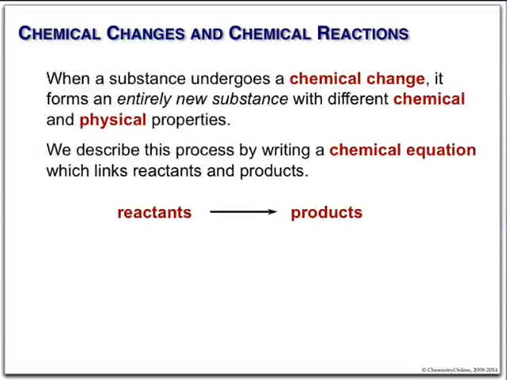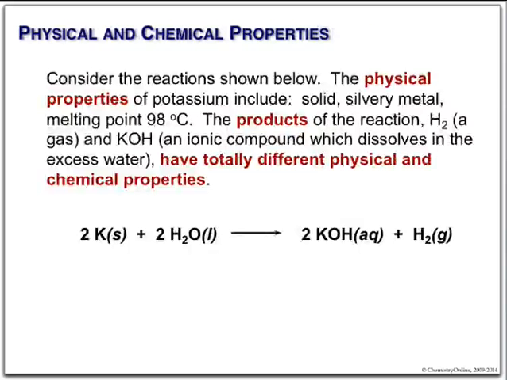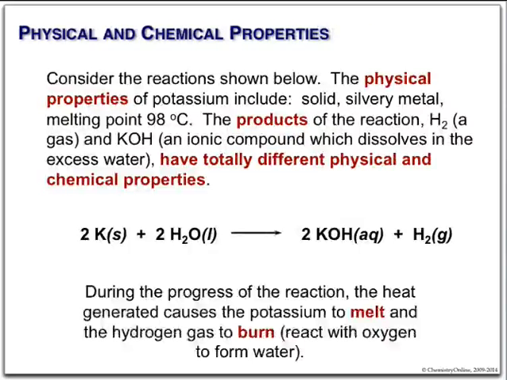An example of a chemical reaction is something like this. K, we all know now, is potassium. Potassium will react with water. Water has 2 hydrogens for every oxygen. That's H2O.